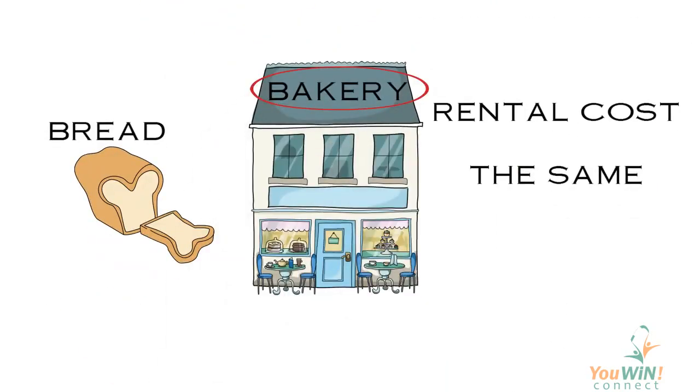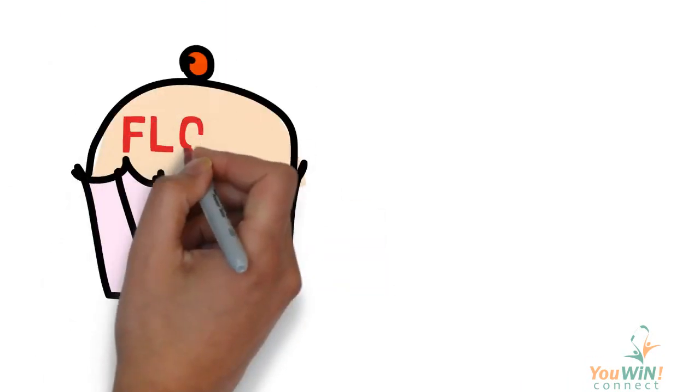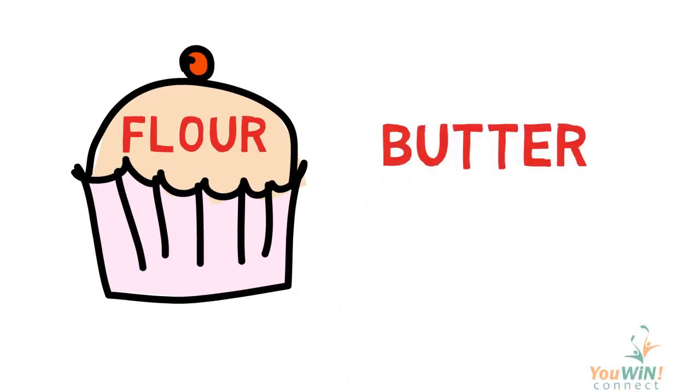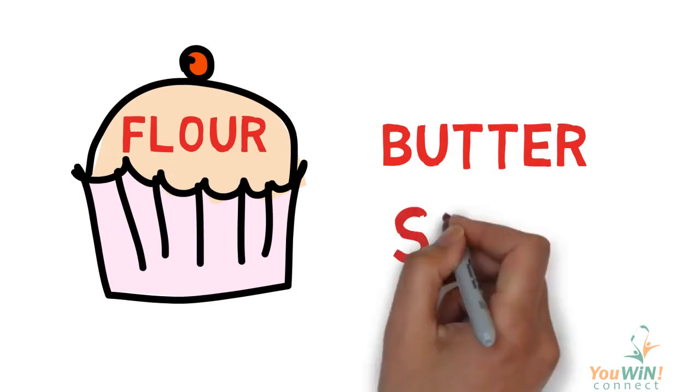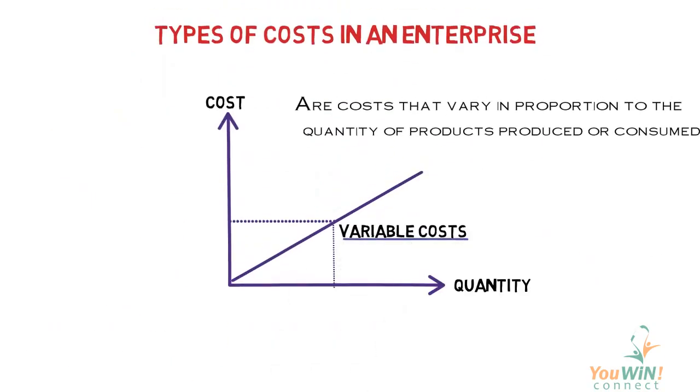Using the bakery example, based on the quantity of loaves of bread produced, the quantity of flour used would vary. The amount of butter would vary. The amount of sugar would vary. These are variable costs.